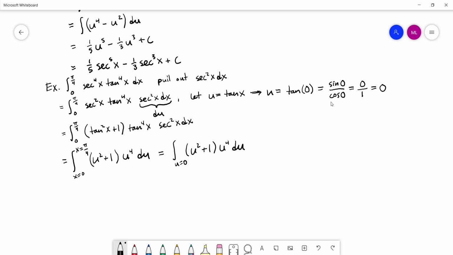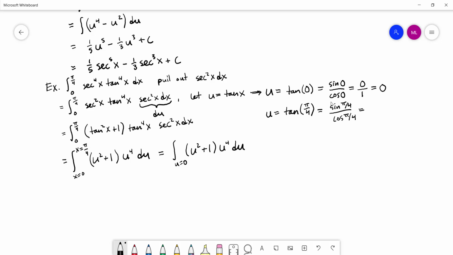And at pi over 4, so for the upper bound, when I plug in pi over 4, so just to be clear, this is a u, kind of looked like an n the way I had it written. There we go. When we do pi over 4, that's going to be the sine of pi over 4 over the cosine of pi over 4.